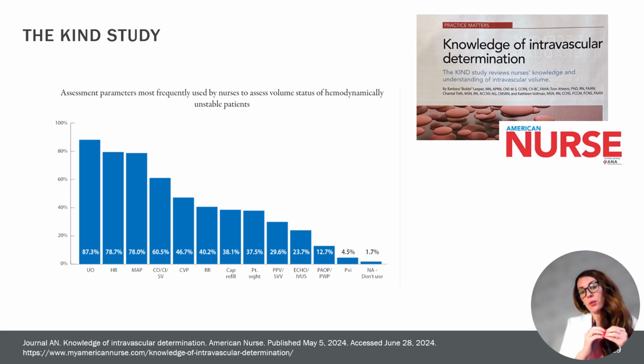What's interesting about urine output, of course, is that it changes last. So it's the very last parameter that will change in a patient who's exhibiting signs and symptoms of a perfusion deficit. The first thing that will change is stroke volume.